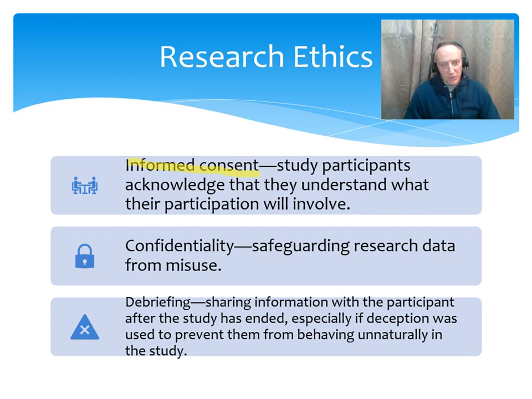Typically, they're going to sign a waiver that tells them as much as we can. Typically, it's going to tell them whether they're getting any benefit from participating, whether they're getting paid. It tells them about any risk or discomfort that they might expect.